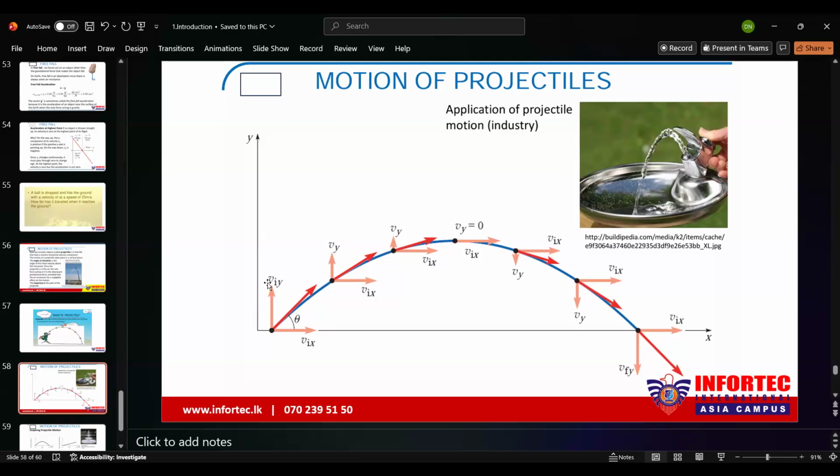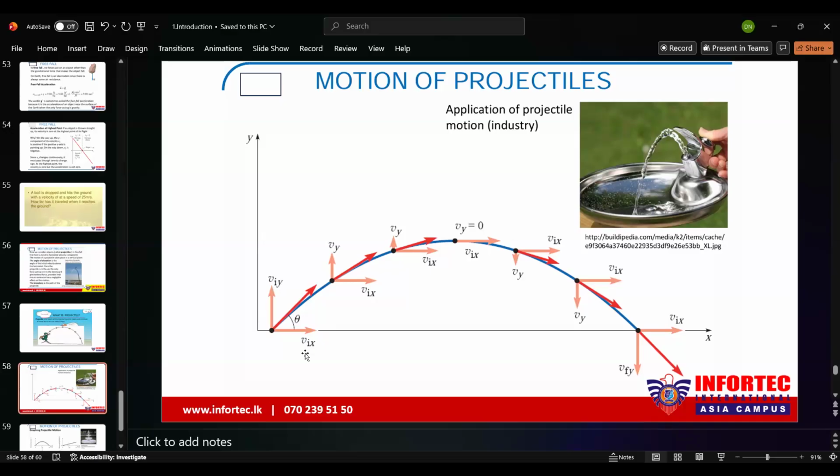One is along the horizontal direction, mentioned here as Vix, because along the x-axis the initial velocity is Vix, right? Then we take the other component along the y direction as Viy, the initial velocity in the y direction.